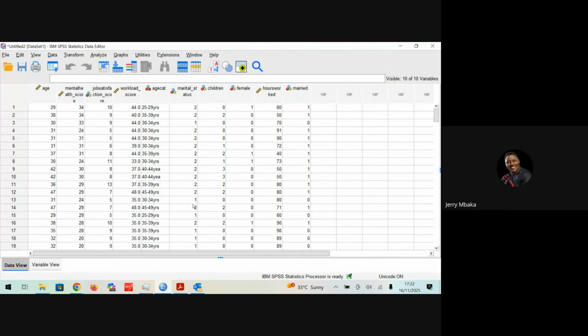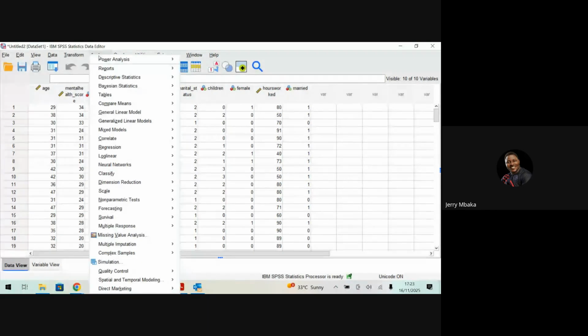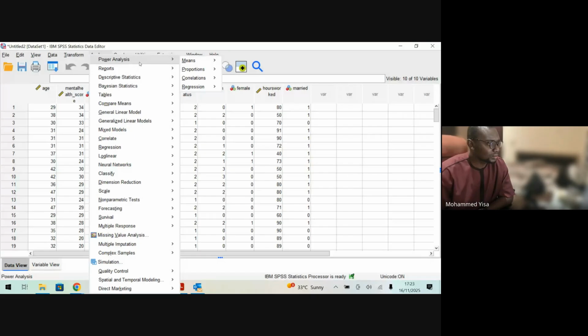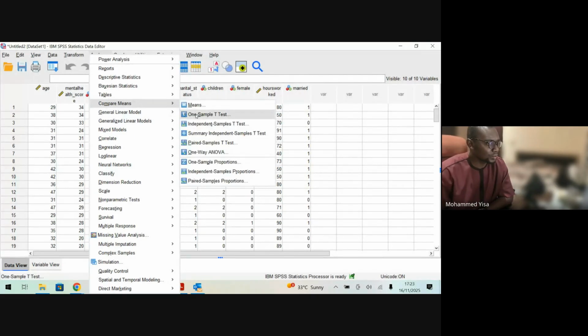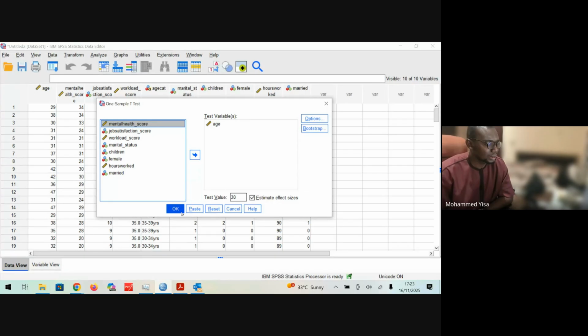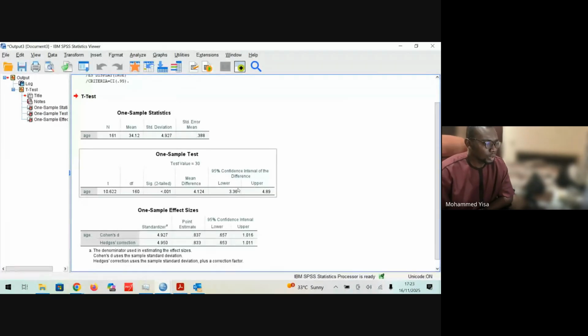Oh, okay, sir. Then lastly, the confidence interval from the table. How does it apply here? Yes, thanks for that question. So coming back, if you look at this confidence interval, the lower confidence interval is 3.36, while the upper is 4.89.